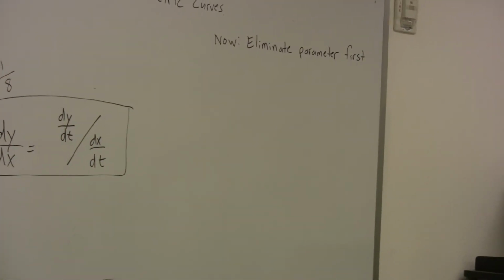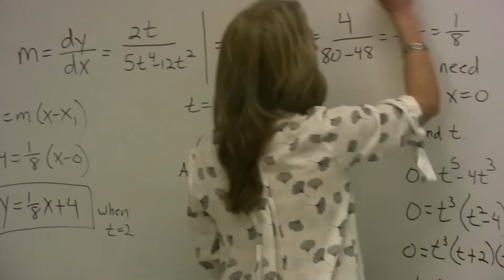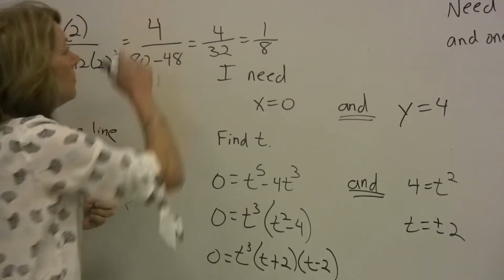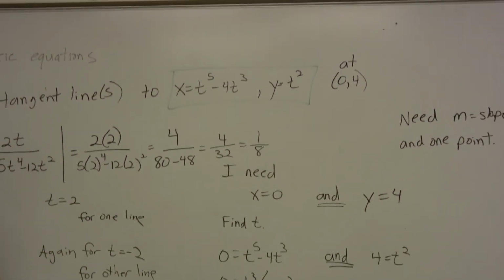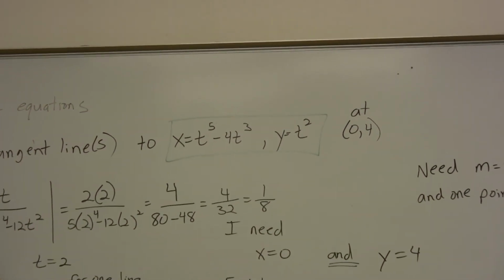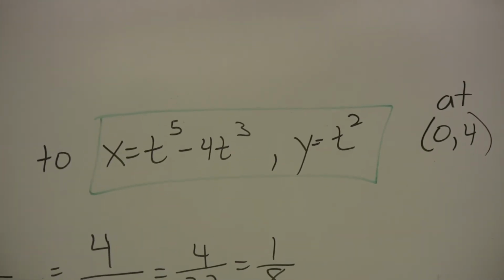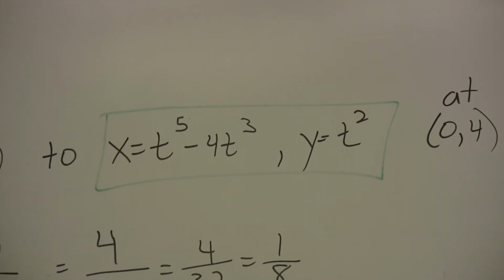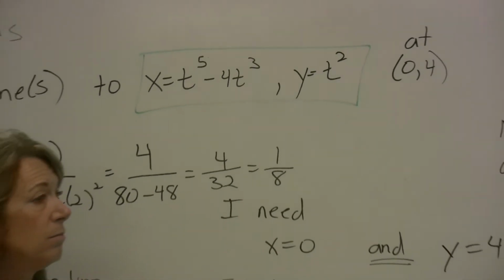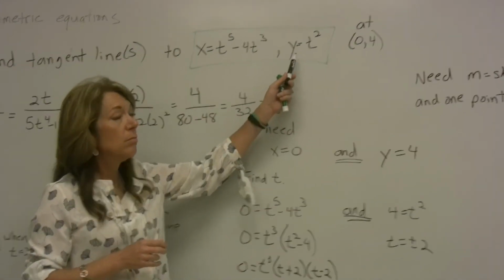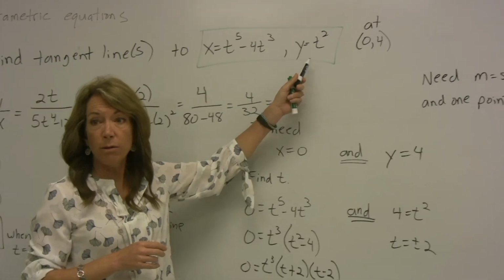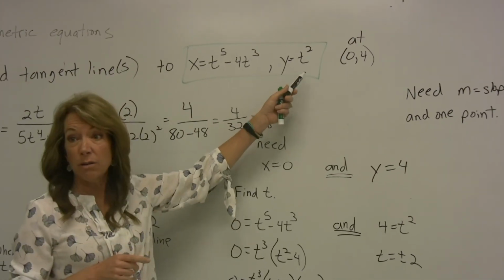So if I want to eliminate the parameter, these are my original equations here. Eliminating the parameter got a little bit tricky. Can you solve for t in either one of those? Yeah, this one: plus or minus square root of y would equal t.